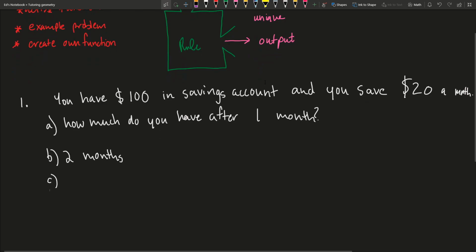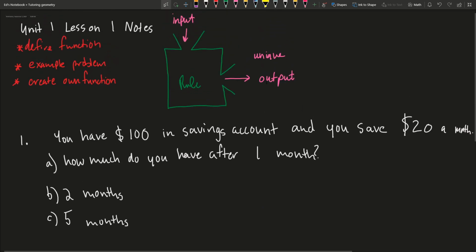What about 5 months? Well, if we think about this as a function, what is our input here? We're trying to figure out how much I have saved, and I'm inputting, well, maybe the number of months that I've saved for.